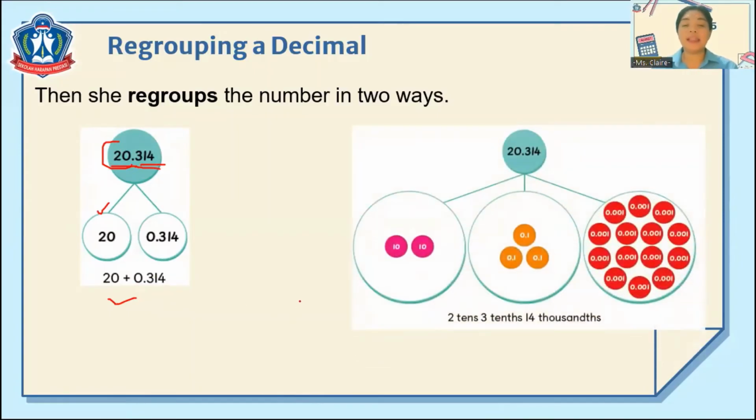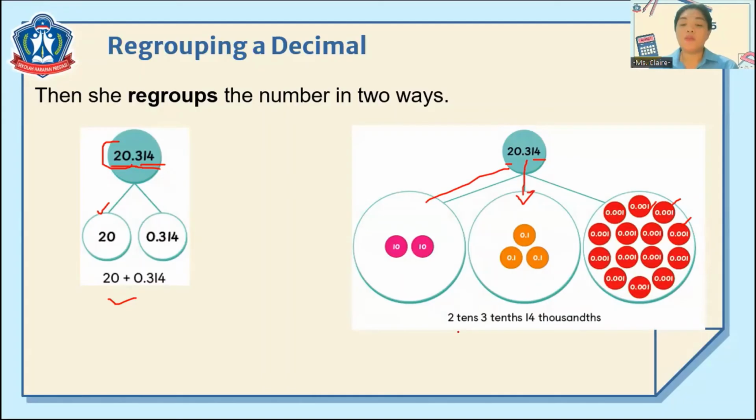Another way is just like decomposing. If you remember earlier, 20.314 consists of two tens, then 3 tenths, and this 14 here is what we call 14 thousandths. There are 14 red circles.